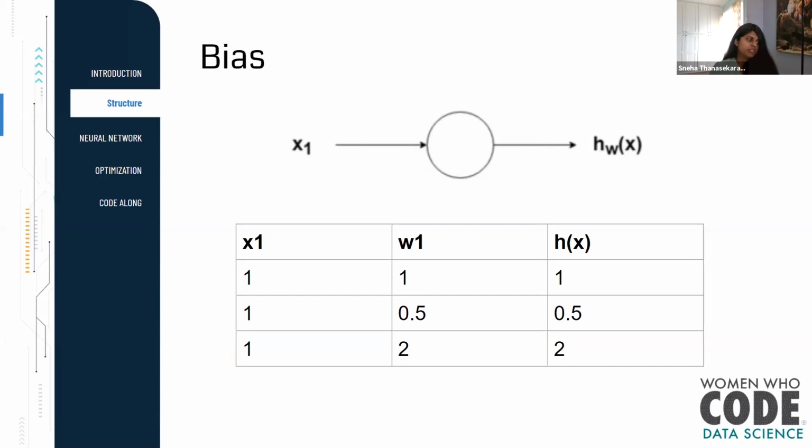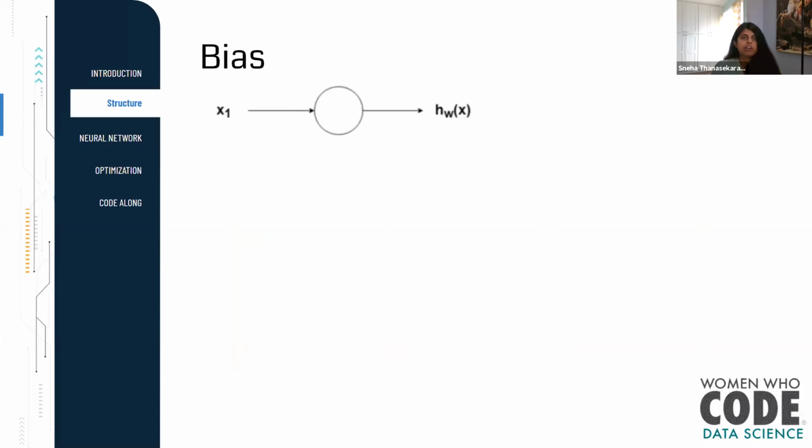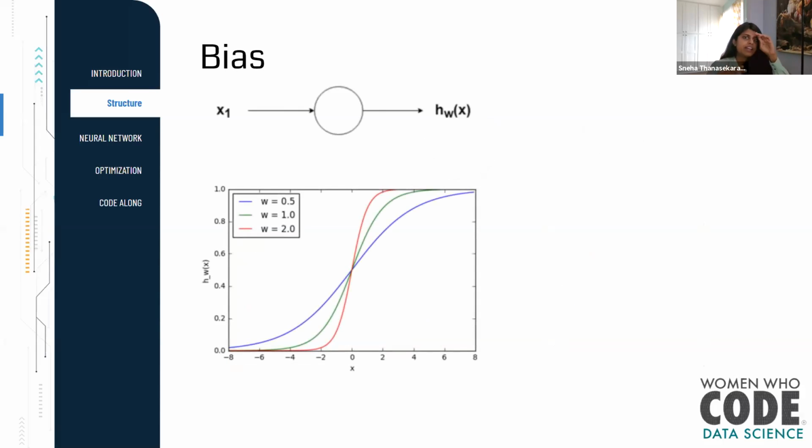Now let's plot that in a graphical way. Here you can see that changing the weight changed the slope of the sigmoid activation function. Let's assume that we use a sigmoid activation function here, which is obviously useful if we want to model different strengths of relationship between the input and output variable.